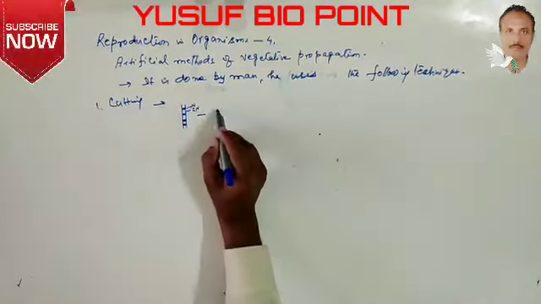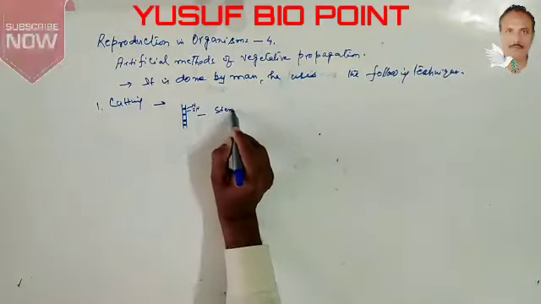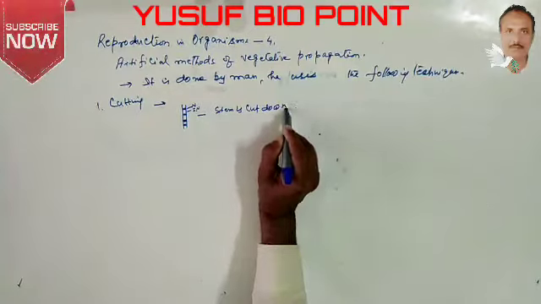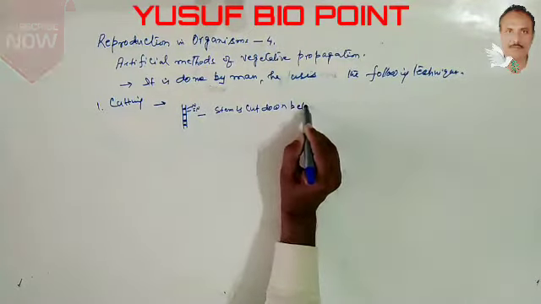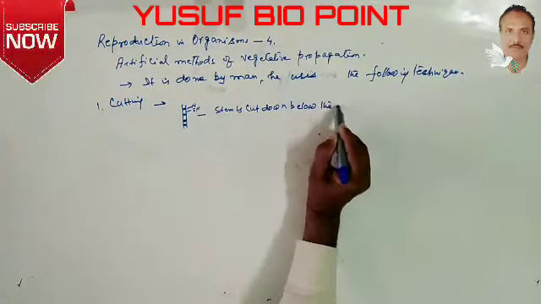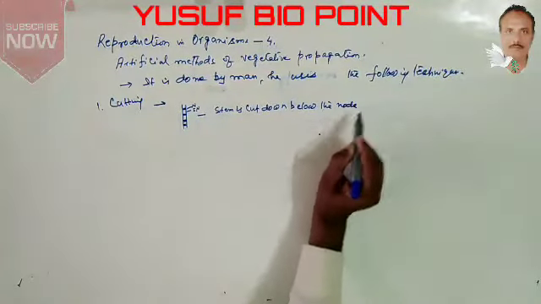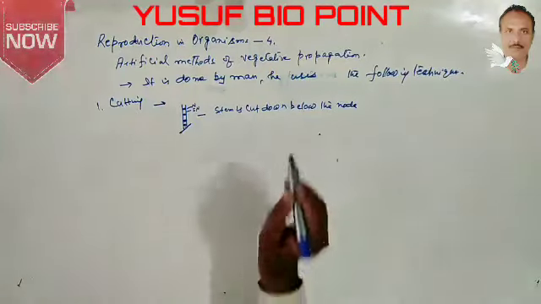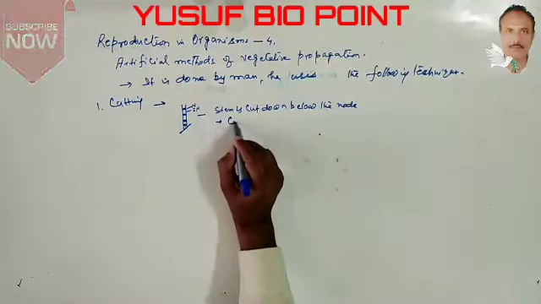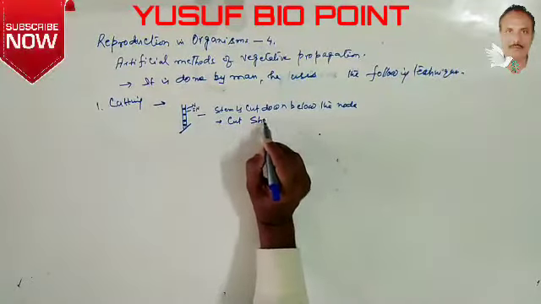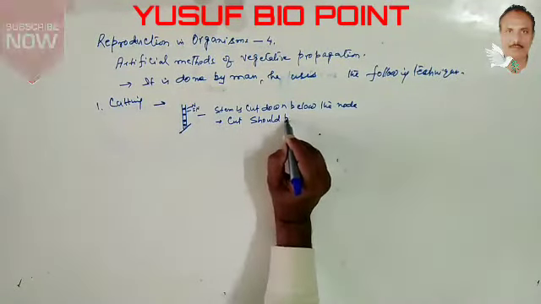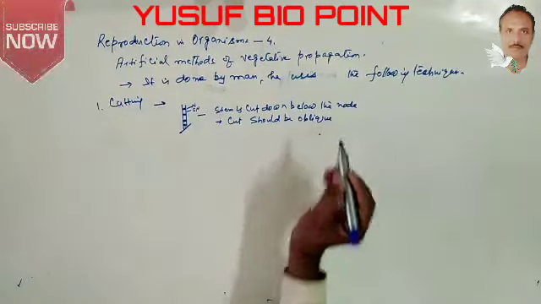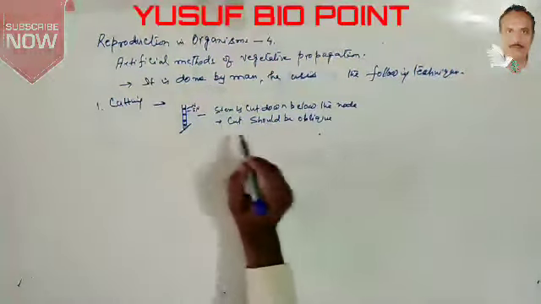Now the stem is cut down below the node. This is node. The cut should be oblique. Why?